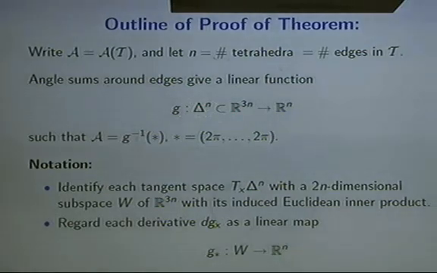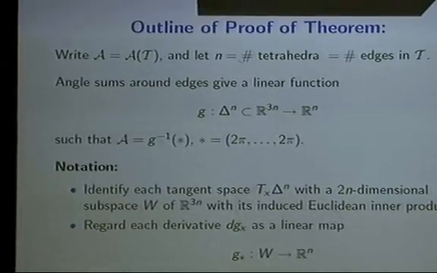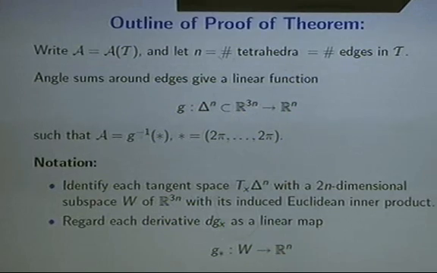to R^n. So that's all possible angles for tetrahedra. Given a set of angles, you write down the angle sums around the n edges, and that gives you a function into R^n. Okay. So if we go back to our figure 8 knot example, we had 6 angle parameters, so we'd be working in R^6.